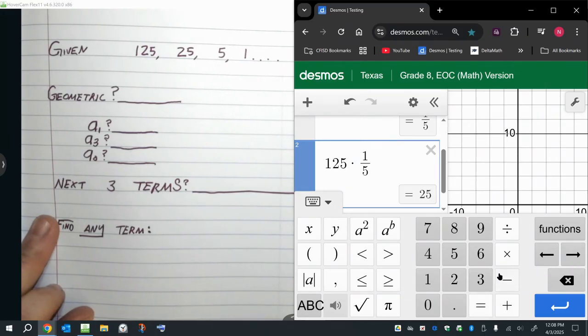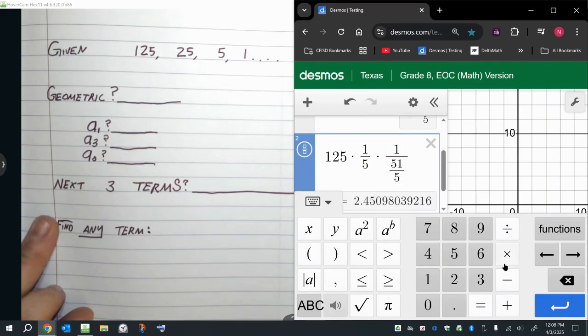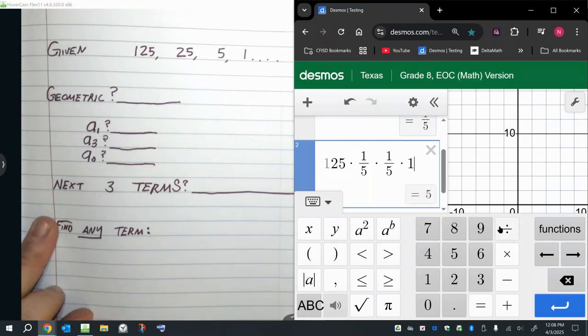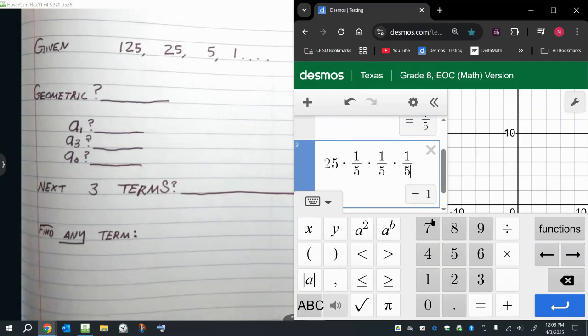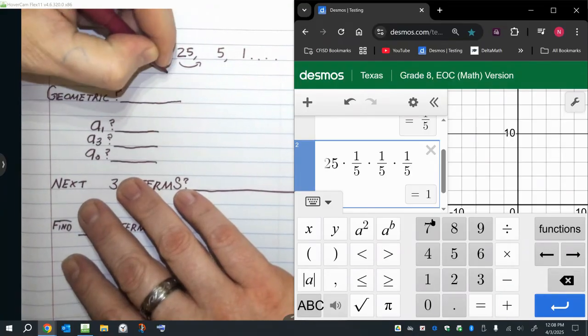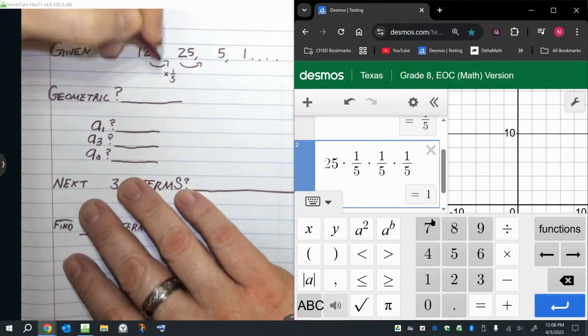Cool. What about if I multiply that by 1/5? That gives me 5. And if I multiply that by 1/5, that gives me 1. So what's happening here each time we do this is that we're multiplying by 1/5.